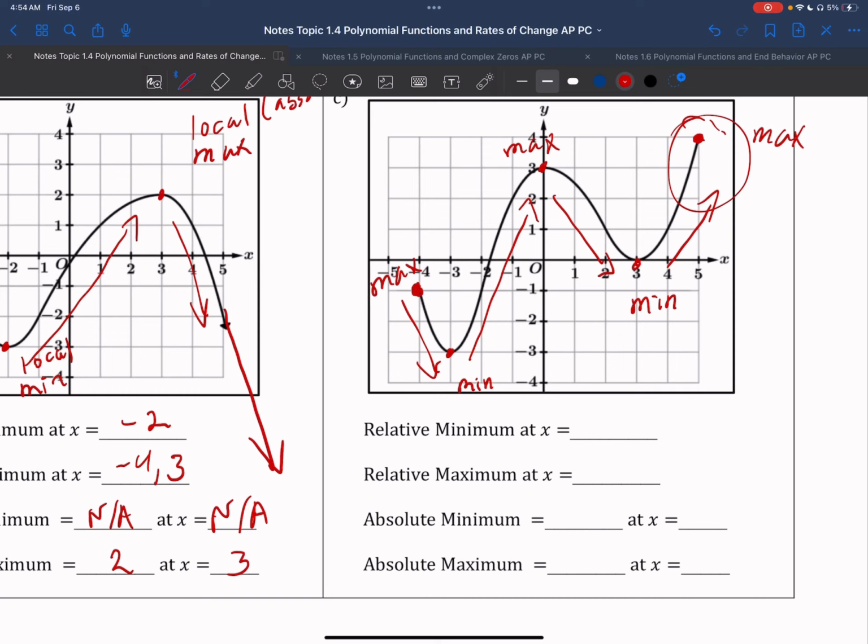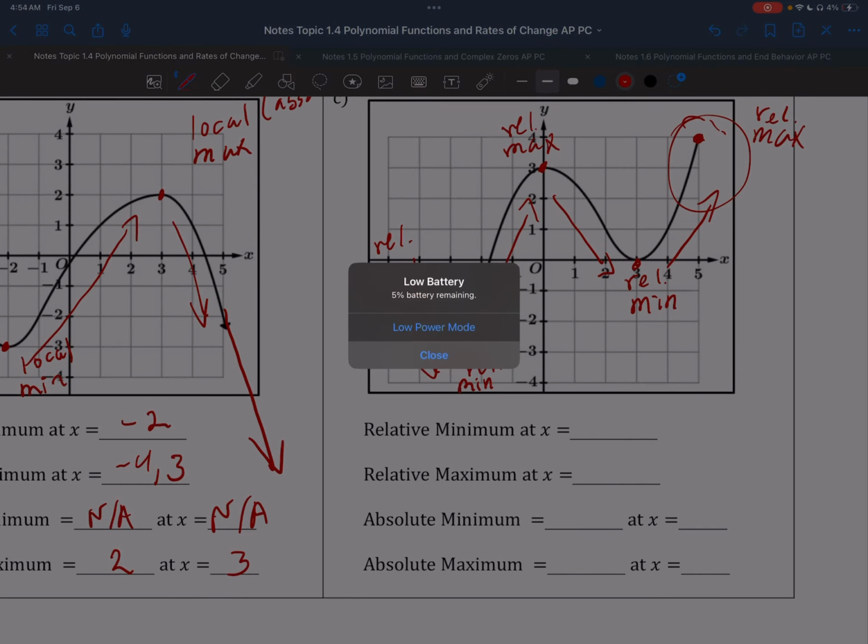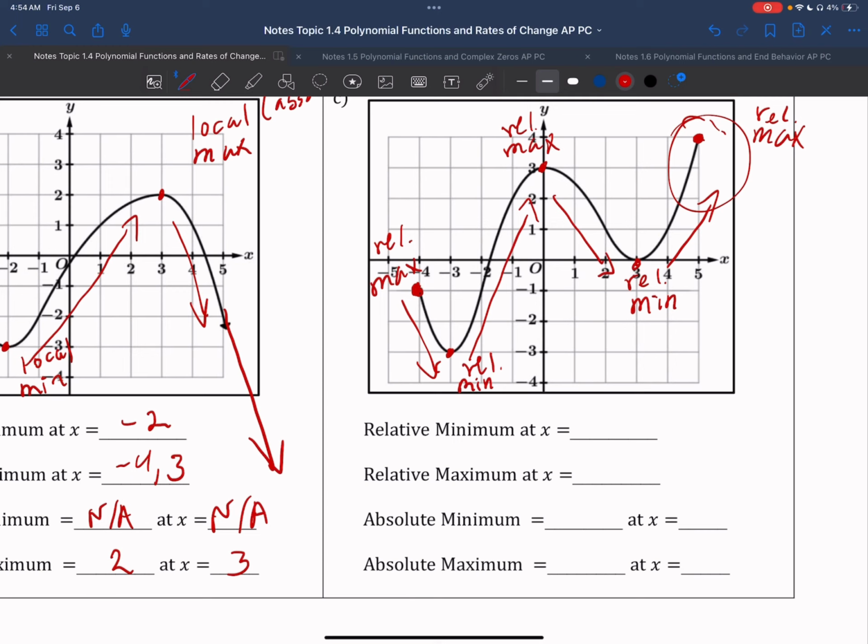Again, they're all considered relative or local before anything else, so I'm going to do that first. I'm going to put relative, relative, relative, relative, and relative, and then I'm going to look and see if I have an absolute maximum or an absolute minimum.